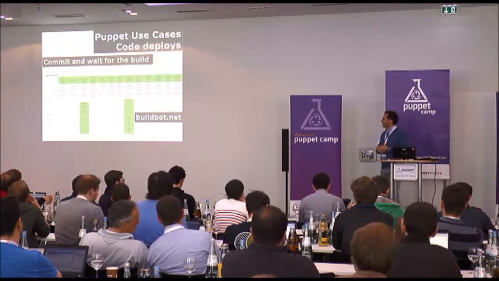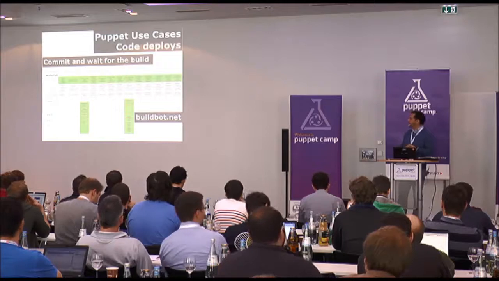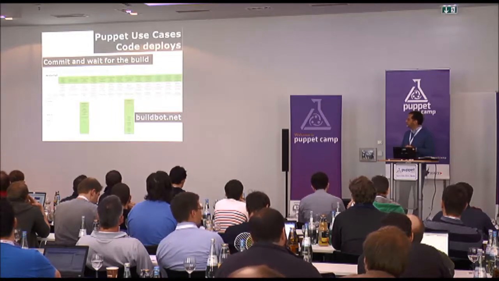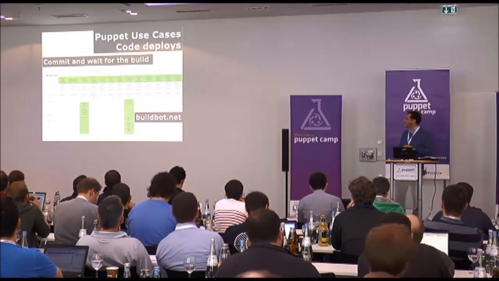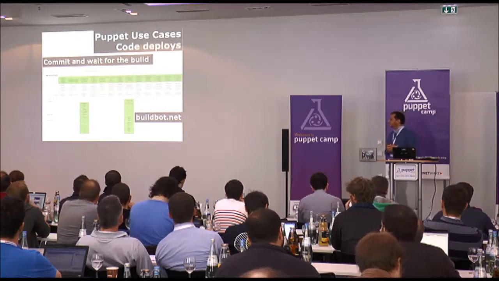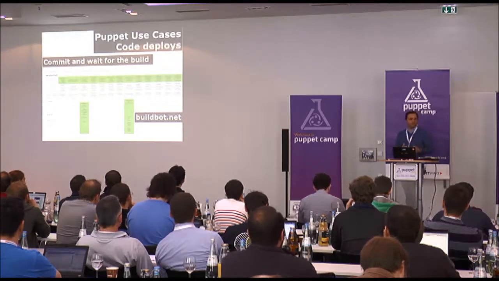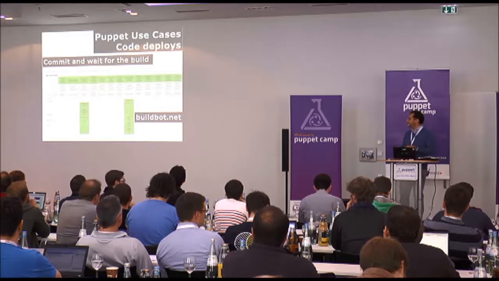And basically, this is our dashboard for all our systems and the builds that have happened. So you commit, you wait for the green build. By the way, we have no support to deploy a red build, so your build has to be passing all the tests and has to be green.